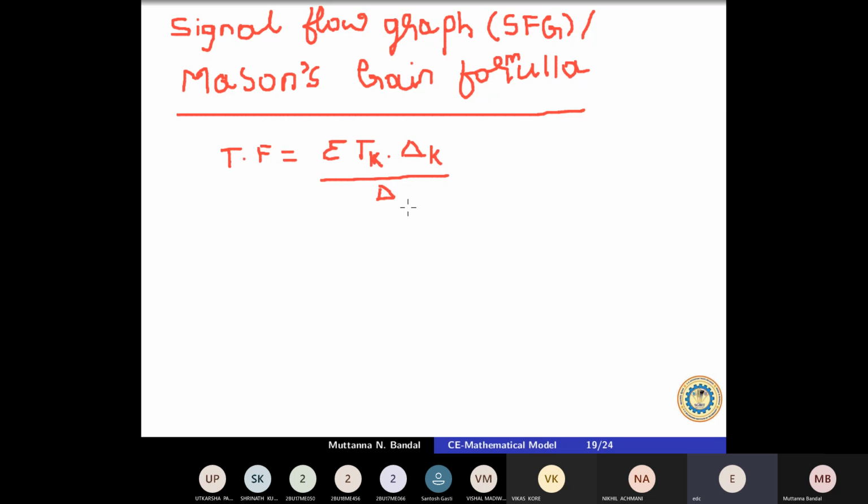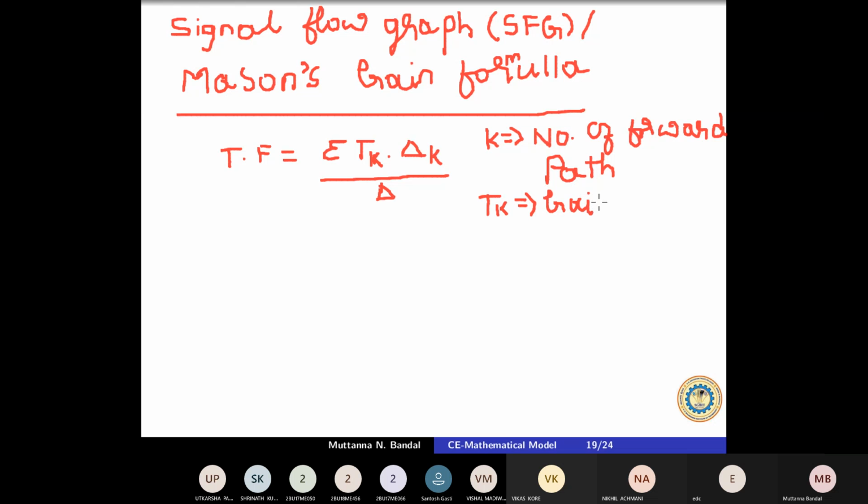This is the formula that we will be using, and here k implies the number of forward paths, and Tk refers to the gain of the kth forward path. We will try to understand what a forward path is at a later stage.